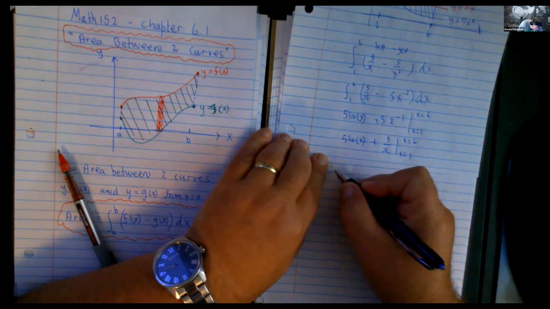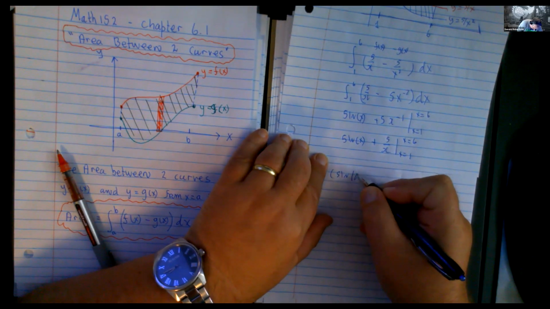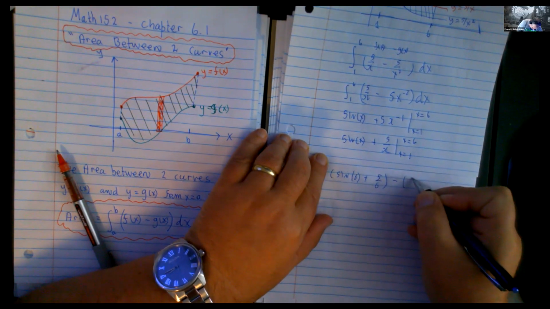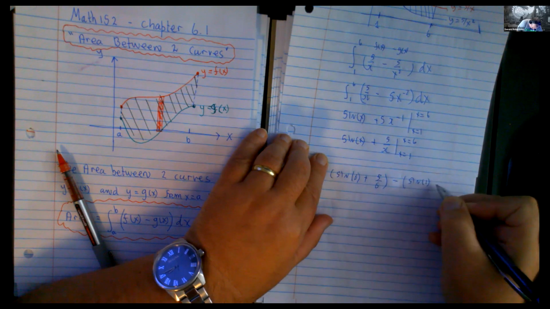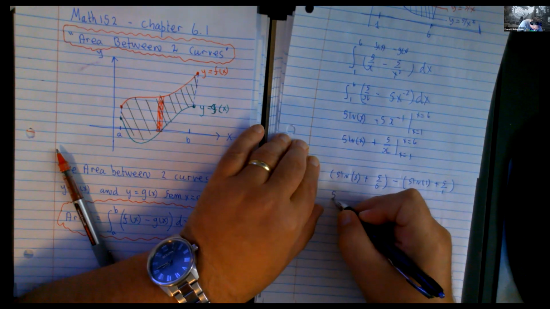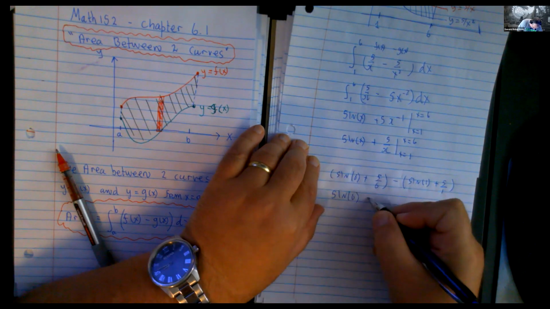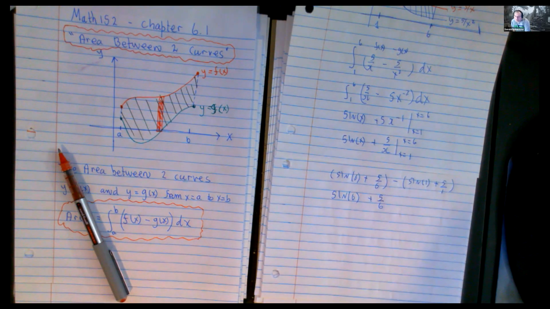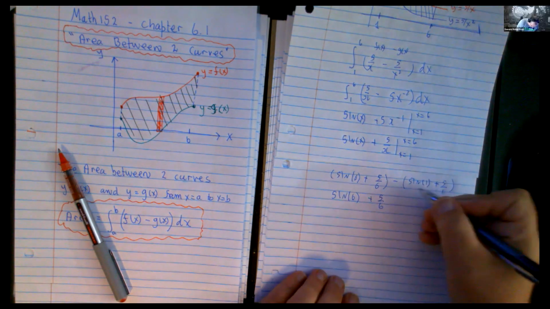And I get 5 log 6 plus 5 over 6, take away 5 log 1, add 5 over 1. I'm not going to do anything about 5 log 6 or about that guy. What number is 5 times a natural log of 1? Isn't it 0? Yeah. So all you get is take away 5.